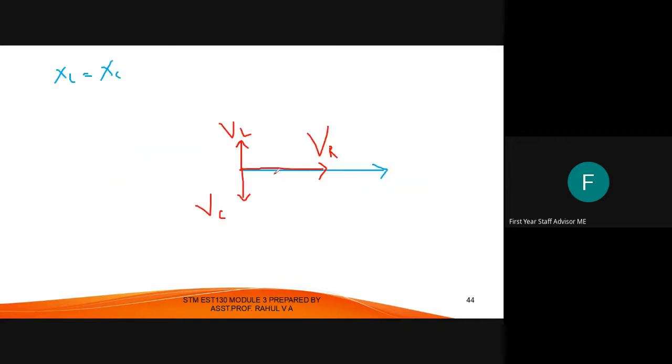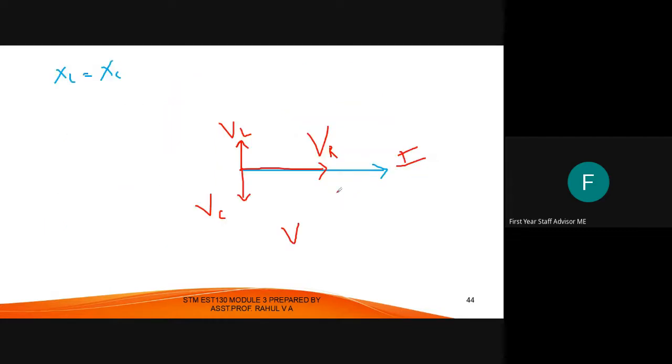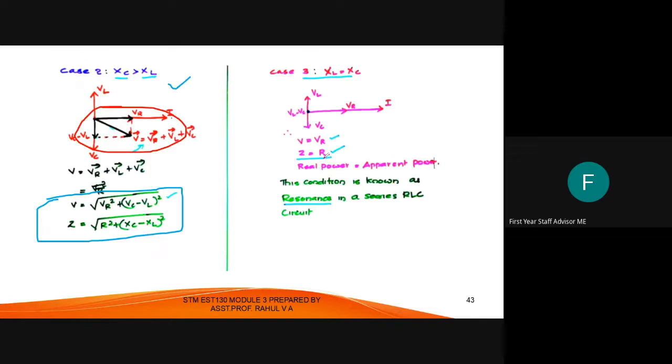Because here you can see that for the resultant vector, there is no need to add anything. Only VR is there. Because VL and VC cancel each other, I can write the resultant vector is equal to VR. It is resistive in nature, so there is no inductive component.